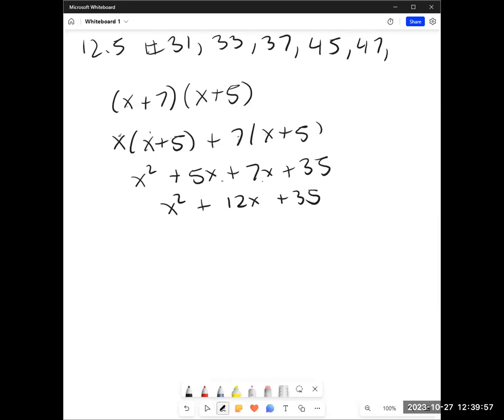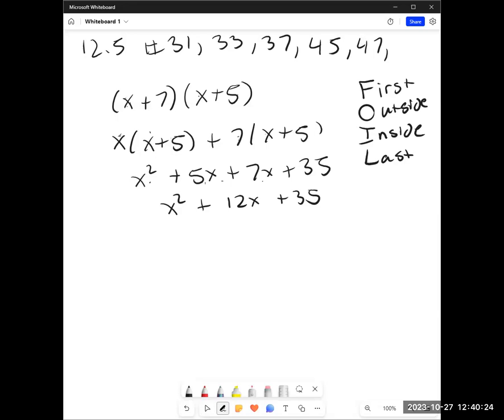However, when I have a binomial times a binomial, in English-speaking countries, we have an acronym that we call FOIL. That stands for first, outside, inside, and last. So if I look at the binomials here and multiply the first terms, x times x gives me x squared.